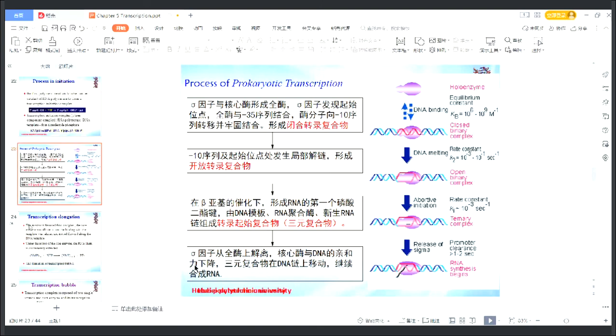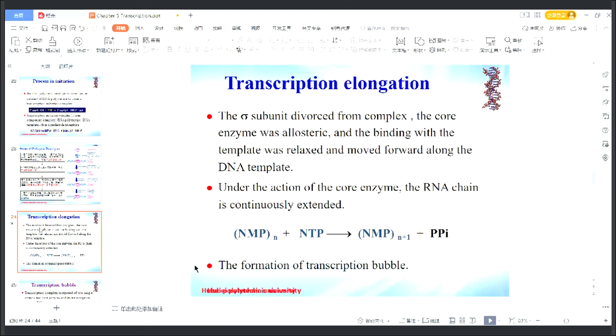And later is very easy. My students, remember when the sigma subunit divorced from the complex, the core enzyme was allosteric, and the bonding with the template was relaxed, and it moved forward along the DNA template.